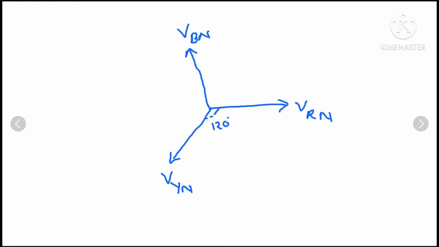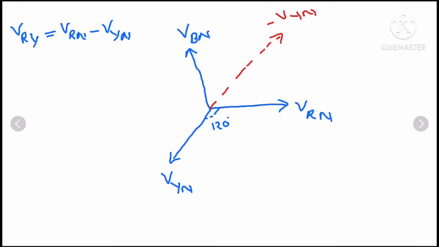Now I will consider the first equation, that is VRY. If you remember, VRY was VRN minus VYN. So we have VRN. Now we have to see where minus VYN is. We will get minus VYN by extending VYN approximately. Now we will use the parallelogram method to find the resultant of these two vectors.